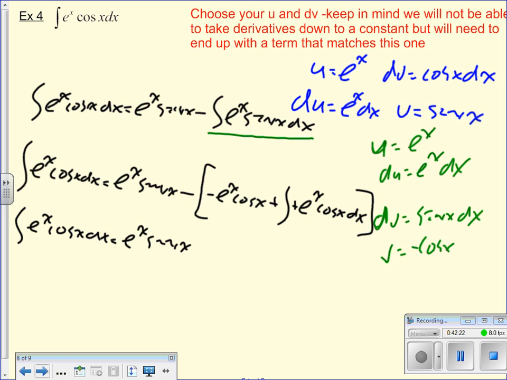This negative distributes, becomes a positive, and that becomes a negative there. I have two negatives, and then I have three negatives, right? Plus e to the x cosine x minus the integral e to the x cosine x dx.